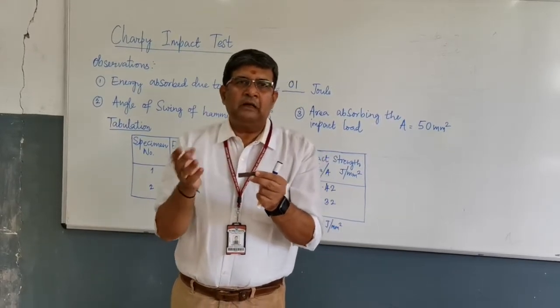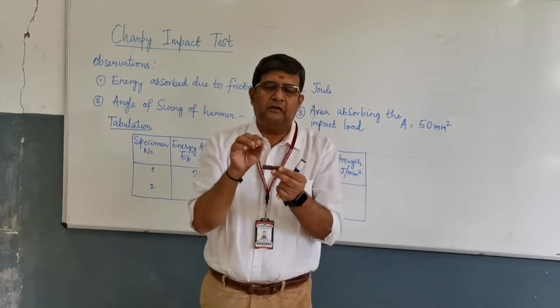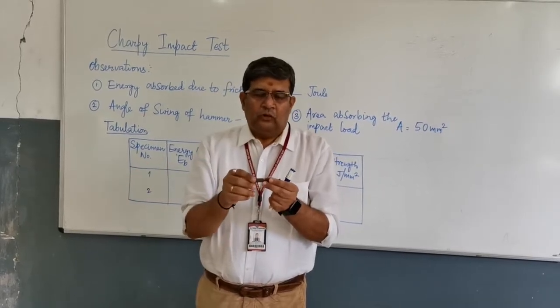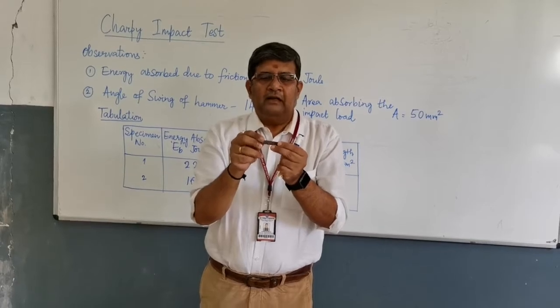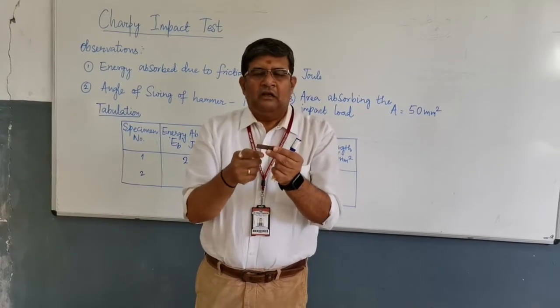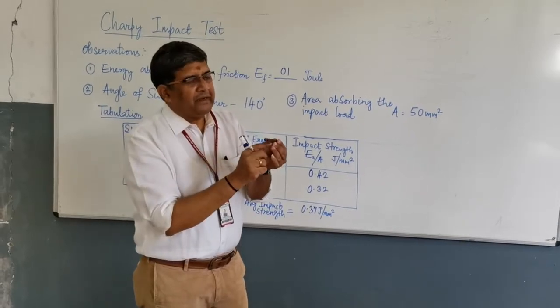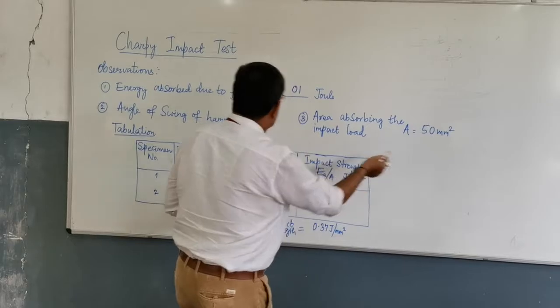You need to compare what the differences are between the specimen of the Charpy test and an Izod test. Since there is a notch here, the area which is going to take the impact load will be 5 by 10, that is 50 millimeter square. That is what has been mentioned here.